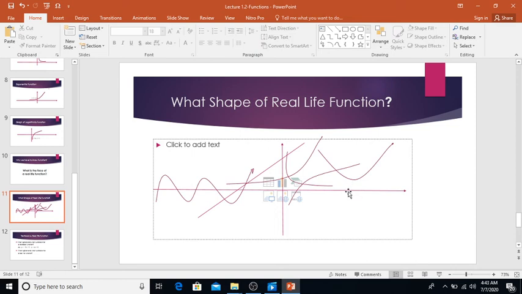For this reason, we should have basic idea about these basic elementary functions. Otherwise, we cannot compare the real life relationship of two objects and make a decision for future.